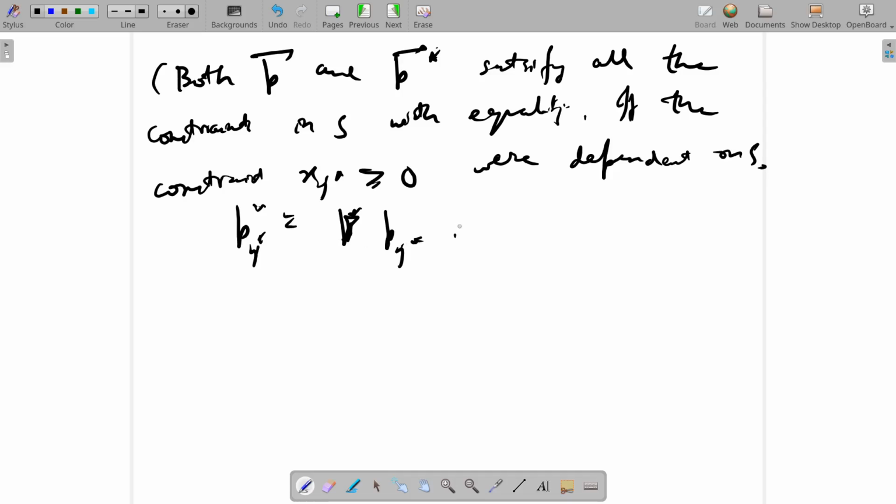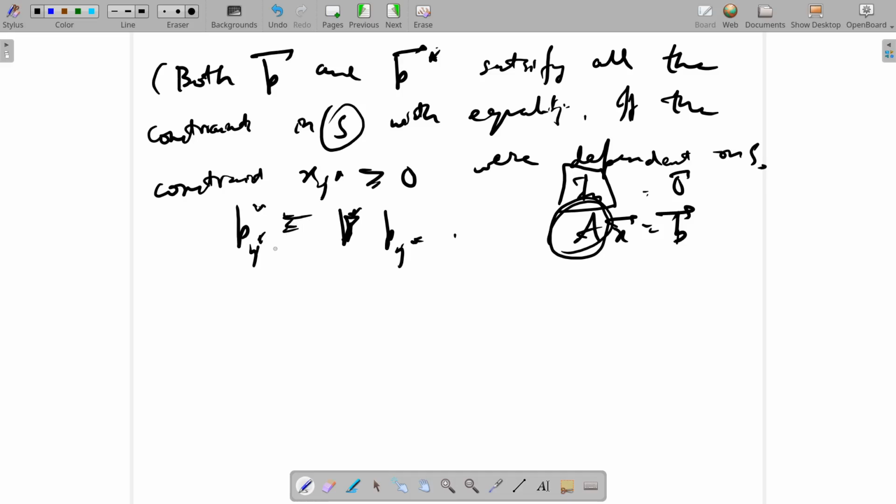I'm not saying they're both equal to 0, because you do have constraints of the sort Ax equals b. So when you're taking linear combinations of these vectors, there is an identity here, and there is a 0 vector here. So when you're taking linear combinations corresponding to the indices in S, essentially you're taking combinations of the zeros and elements in b. So I'm just saying p star j star has to be equal to pj star. I'm not saying they're both equal to 0, but this is not the case, right? Why so?